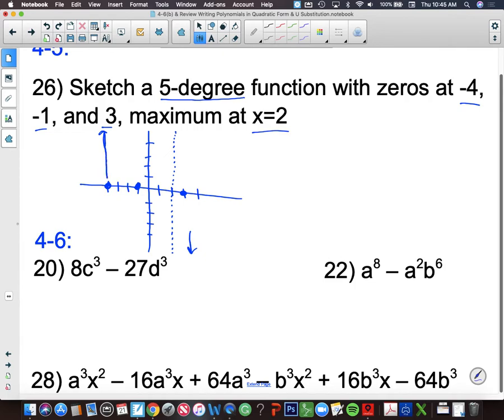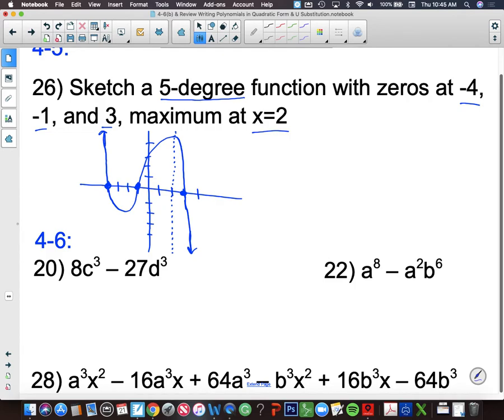So I know that it's going to be coming down from here. I don't know how far down it's going. Up, back to here. I know I'm going to hit a maximum here at x equals 2. And then it's going to zip down here.